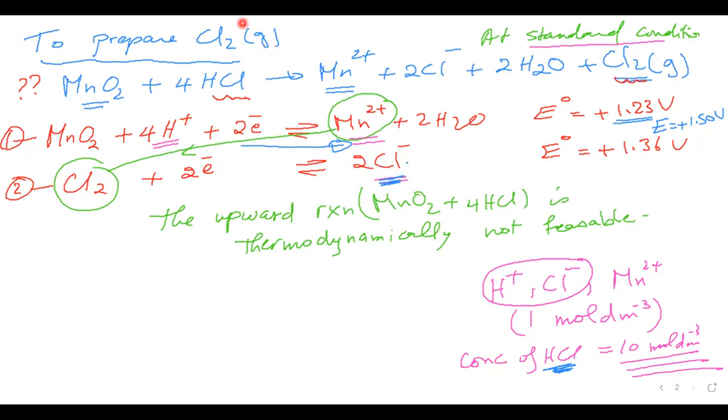The concentration will increase, so the reaction will shift towards the left. Yes, excellent. The E naught value will decrease because we shifted the reaction to the left. And so the new E value will be, for example, plus 1.3 volts.